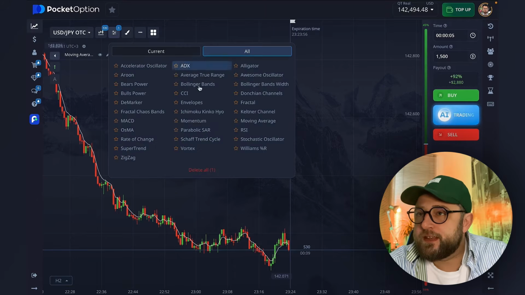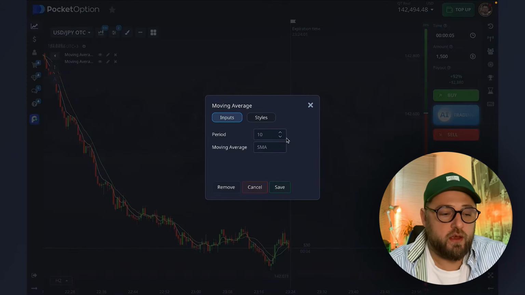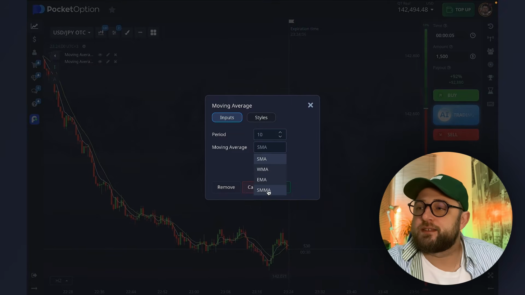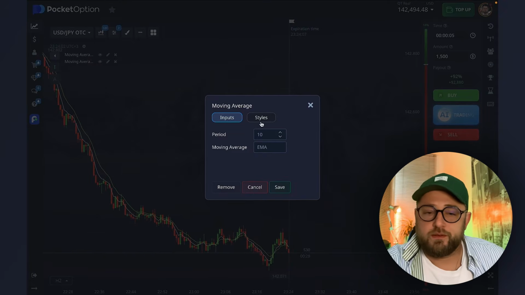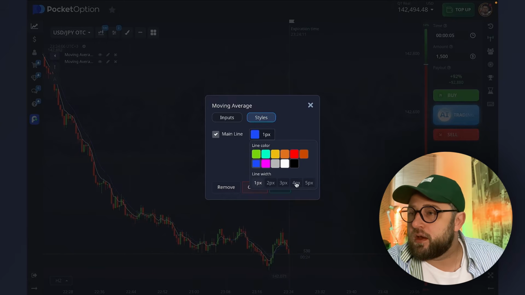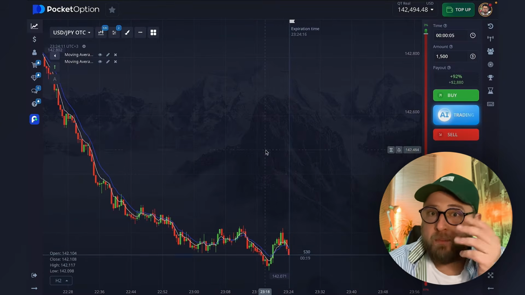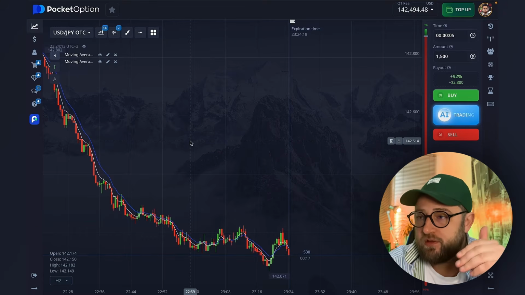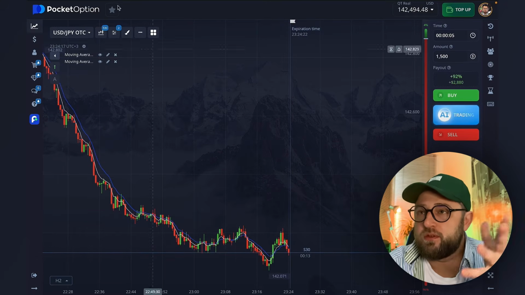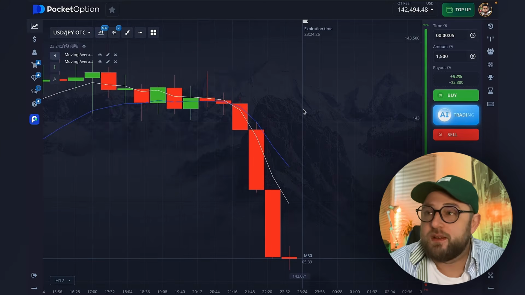Let's do the second one, also a moving average, also EMA, but period is 10, so it will help us to see the signals to open the trades. The main thing is that we will see the trend better with these two moving averages. So the main point is to trade with the trend, as usual.